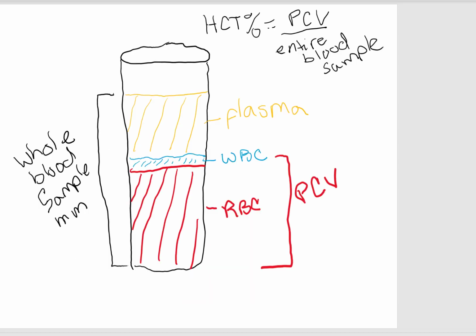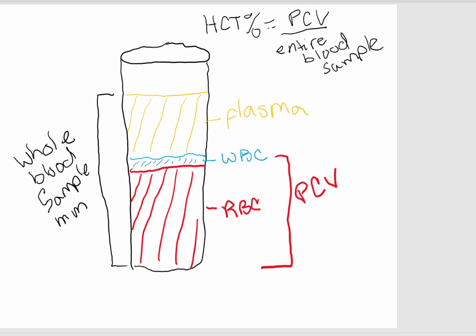If we are dividing the red blood cell column, PVC, packed cell volume, which is mostly the red blood cell column, and that red blood cell column is now smaller. If your numerator is going down because the red blood cells are smaller, and it's going down more than the entire height of the whole blood column, we're going to get a smaller average percentage, sorry. So her hematocrit was lower.